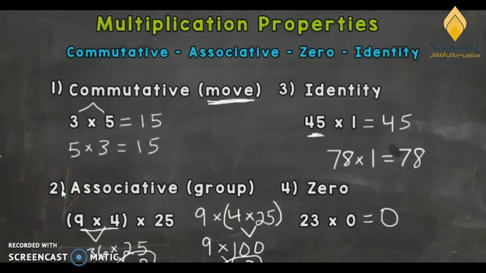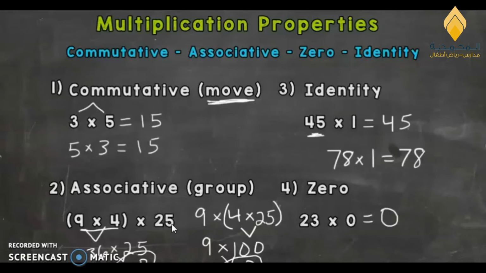Now the second example, about the associative property. When we learn about the associative property, you have to think to group. For example, if we have 9 times 4 between brackets times 25, if you take a look at this problem, we cannot do it mentally, right? Because it's somehow difficult.